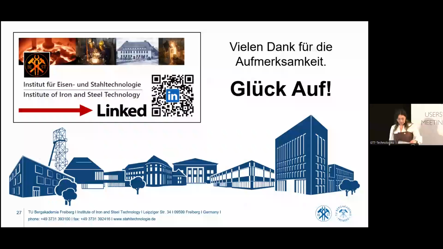In all our cases, in all our presentations, the main tool was FactSage, and the general message from my part is that FactSage can be used not only for single equilibrium calculation, but also for repeated calculation. So thank you very much for your attention, and Glück auf!